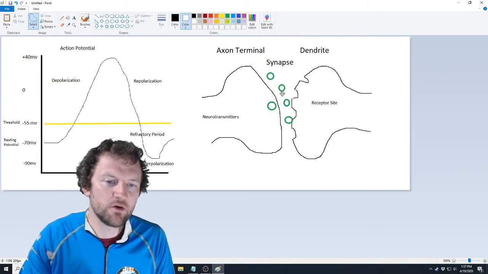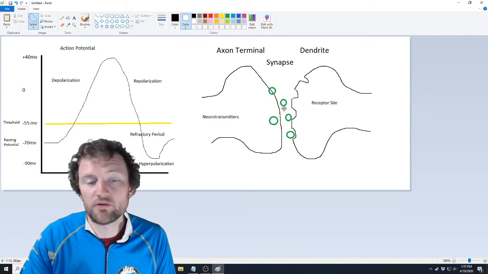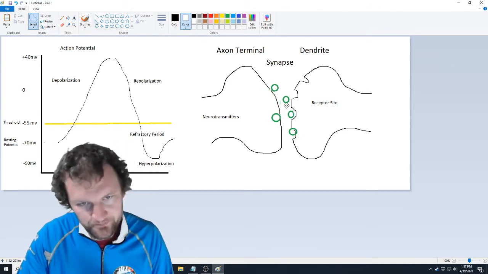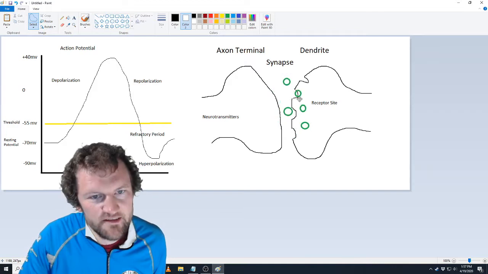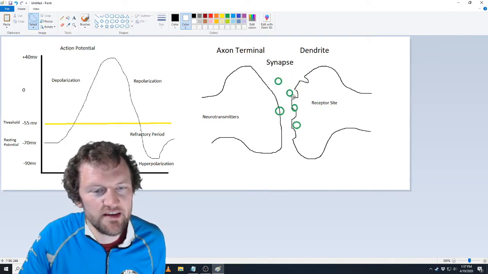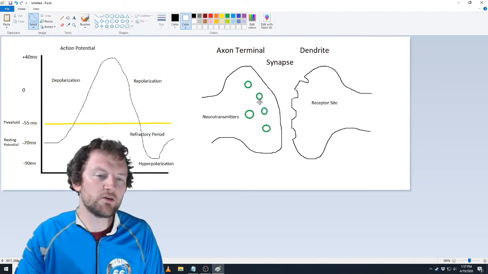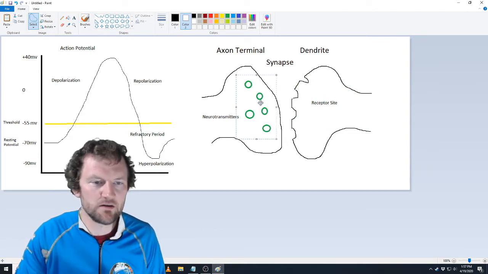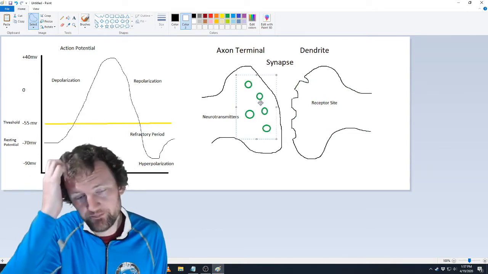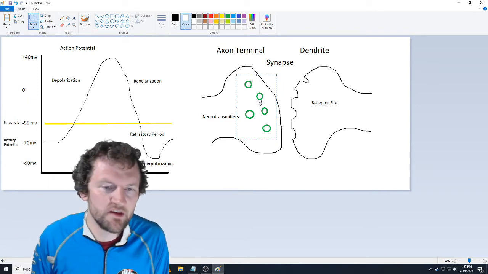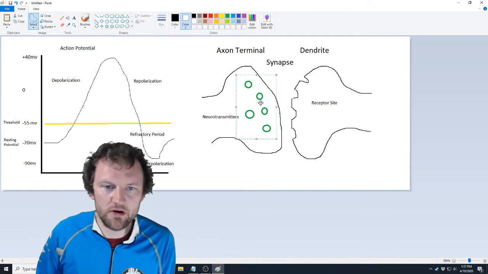In this case, I drew a whole bunch of circles, and these receptor sites look like half circles. Perfect, they fit. Great. If they fit, then they bind to the receptor site, and they send a message to the receiving neuron, which increases or decreases depending on what kind of neurotransmitter it is, but usually increases the electrical signal of the receiving neuron.